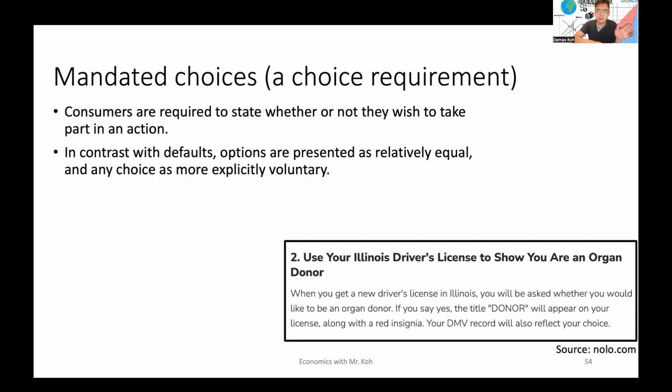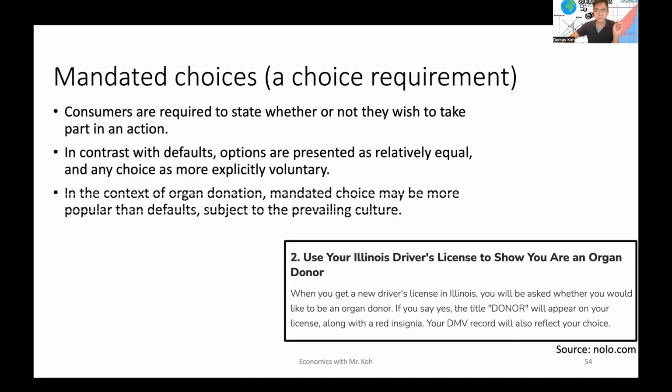So, in this American example of Illinois, the individual who has passed the driving test would then obtain the driver's license, right, to then decide whether one would like to be an organ donor or not, right?